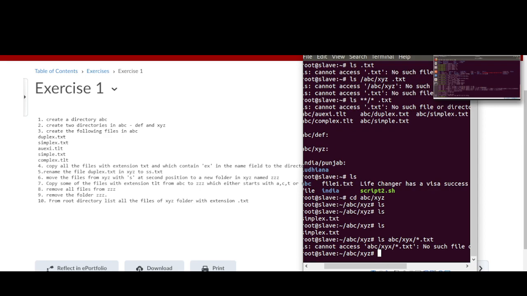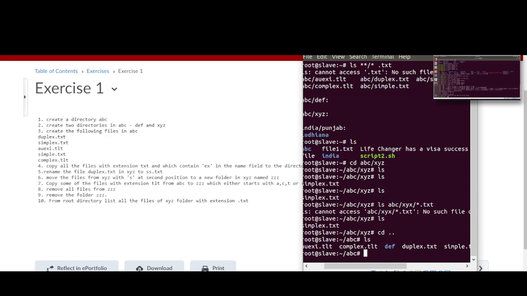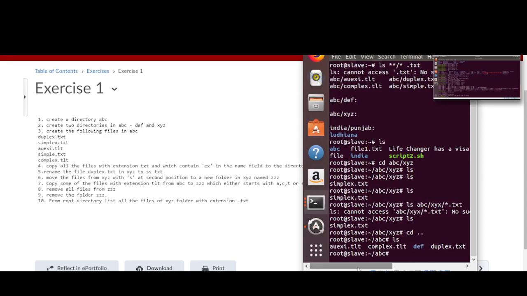So there's no such file or directory. So what should I do? Even you don't know what the /txt is. There's no /txt. Txt is a file or a folder? You are not following the rules and you're putting the txt. I didn't see any txt in the folder.